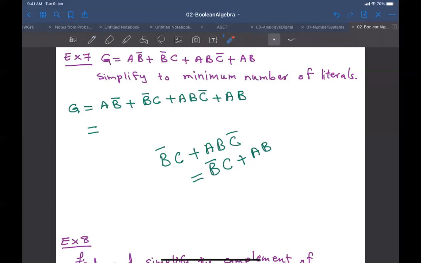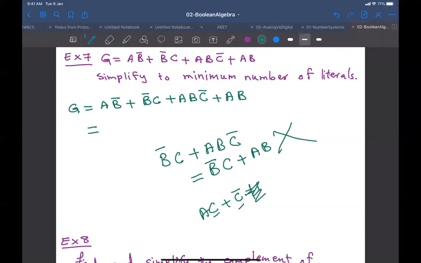Okay, this is wrong, and the reason is you're probably confused because we know that C ORed with C complement is 1. However, if this is multiplied by something, then this relationship no longer holds. It's something else. So even though you have C and C complement, it doesn't mean that this will get rid of the C.